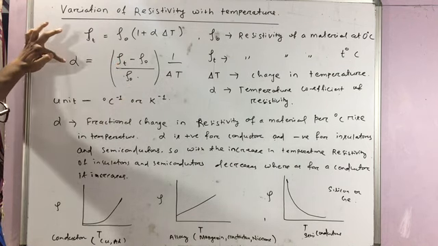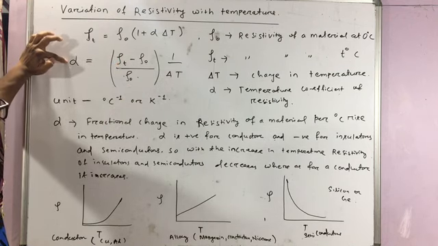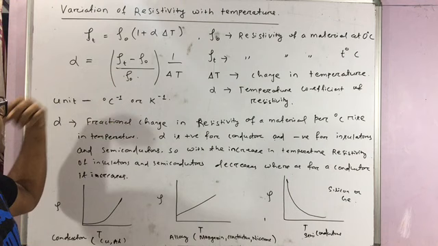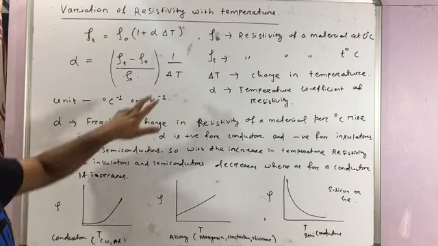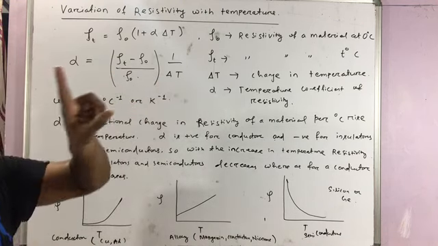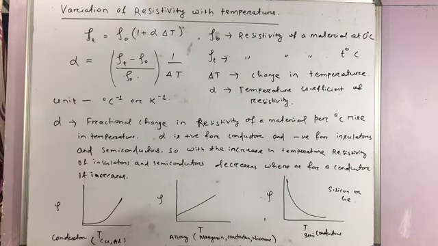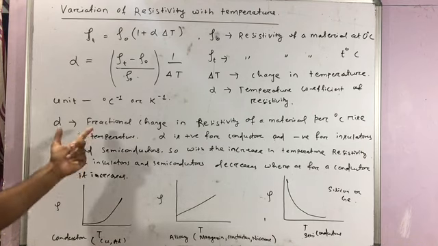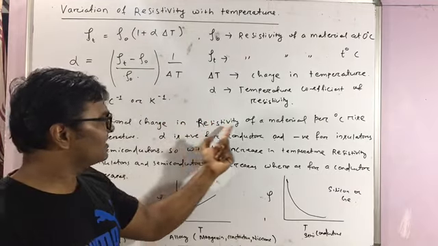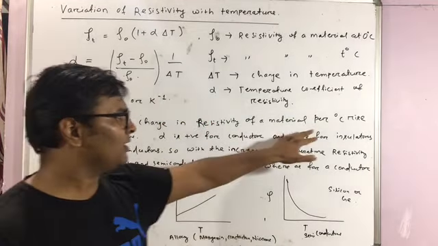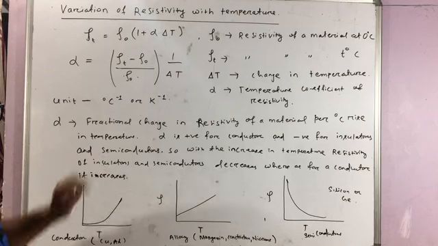So we can say alpha is nothing but the fractional change in the resistivity of a material provided the temperature changes by 1 degree Celsius. Alpha, the temperature coefficient of resistivity, is the fractional change in resistivity of a material per degree rise in temperature.